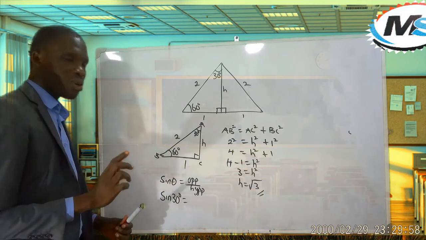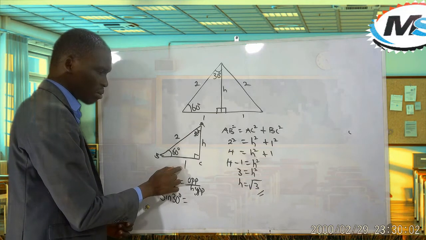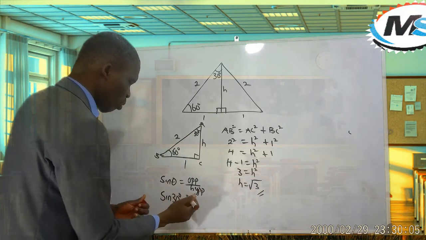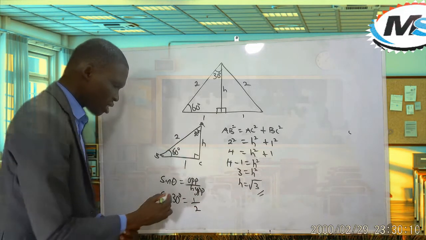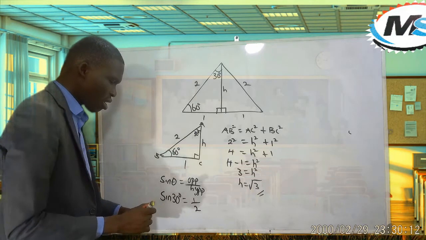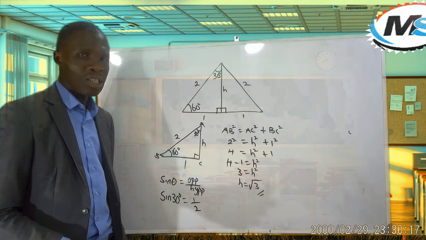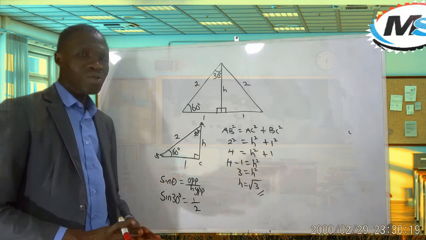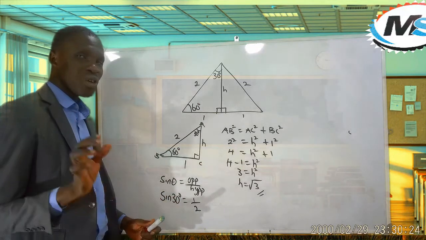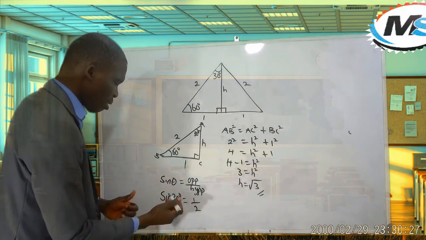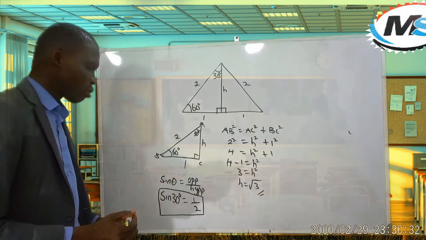So you need to be very careful. Sine 30 degree opposite is here, which is 1, and hypotenuse is here. So sine 30 degree will give us 1 all over 2, which is 0.5. Without using a table, you can easily get this, because we are going to solve questions related to this.